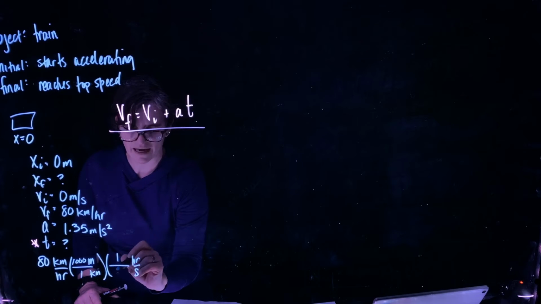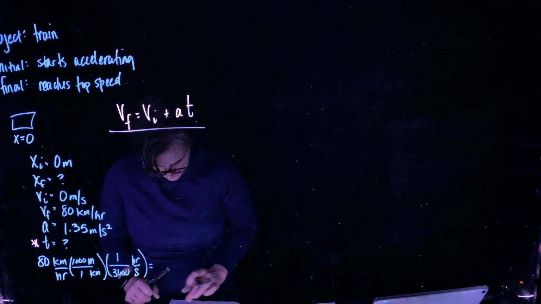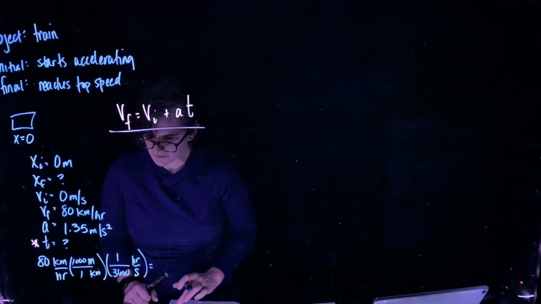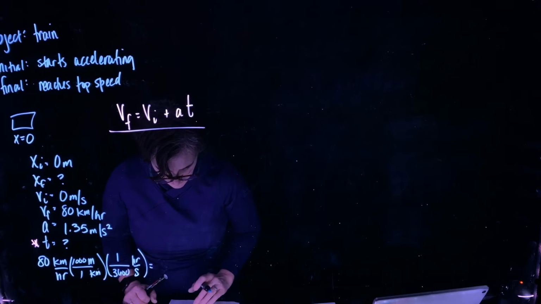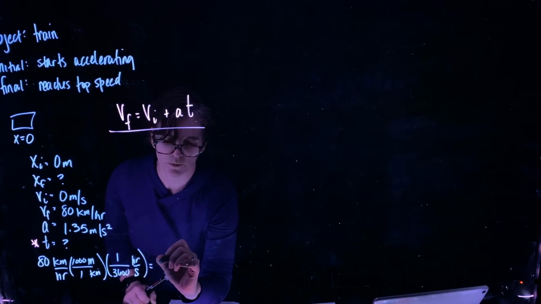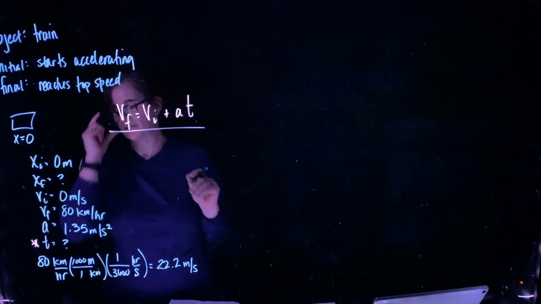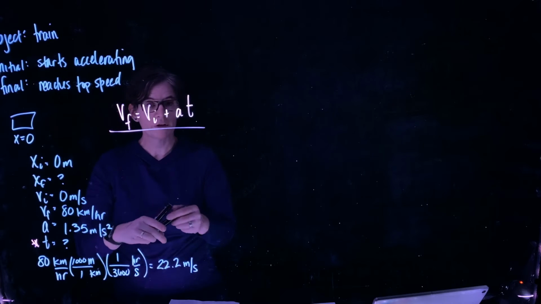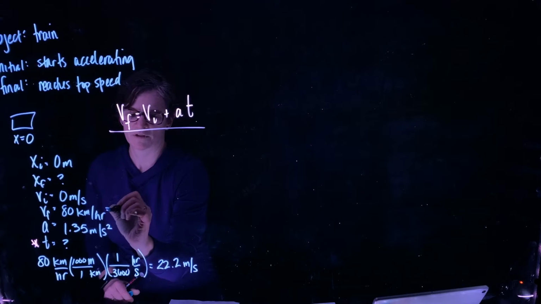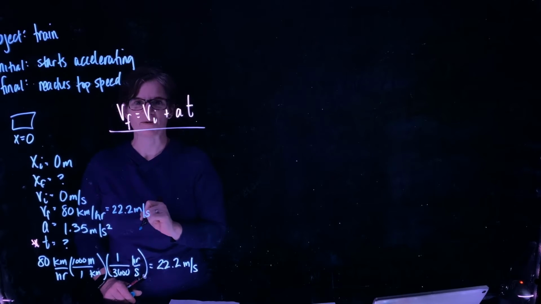I know in 1 hour, there are 3,600 seconds. So 80 times 1,000 divided by 3,600. And we end up with 22.2 meters per second. So 80 kilometers per hour is 22.2 meters per second. And now I'm in my right units.